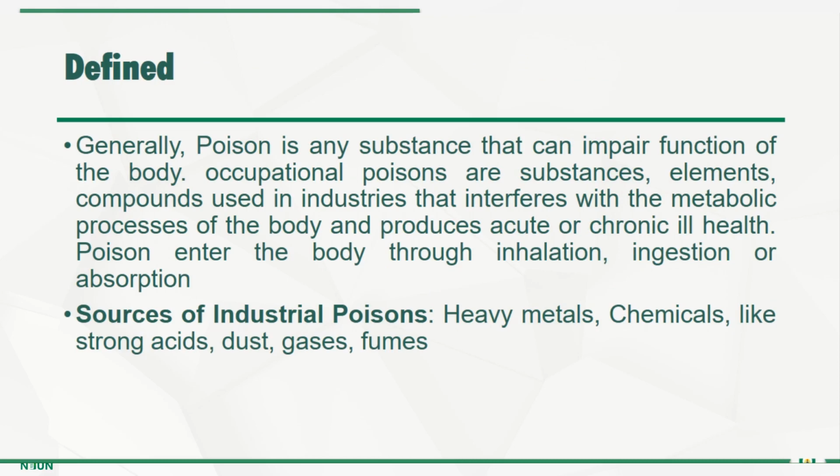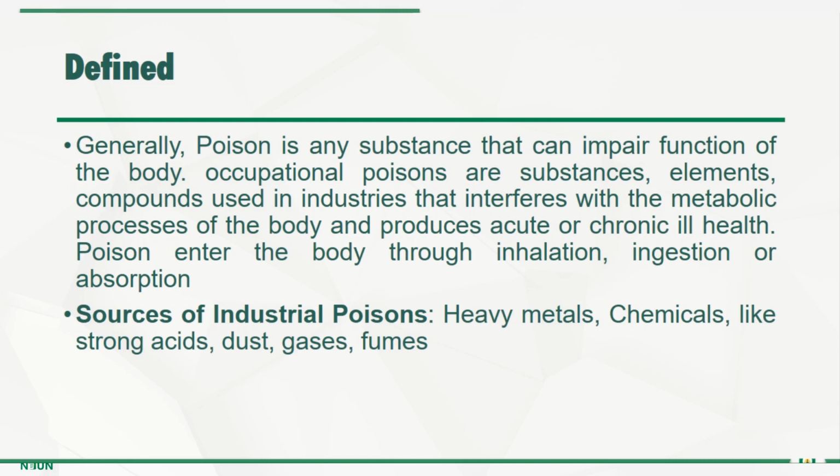Generally, poison is any substance that can impair the function of the body. Occupational poisons are therefore substances, elements, compounds used in industries that interfere with the metabolic processes of the body and produce acute or chronic ill health.